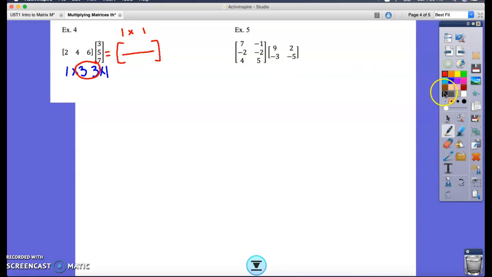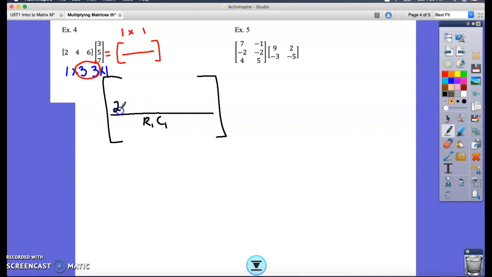So I'm going to do the work down here because I need a little bit of room. If you notice, when I do my work matrix, I make it a lot bigger because there are different pairs that are going to be formed, and I have 3 pairs that I'm going to match up here. So even though I have 1 entry, there are 3 sets of multiplying I'm going to have to do. The good thing is this is just row 1 times column 1, so I just have to partner them up.